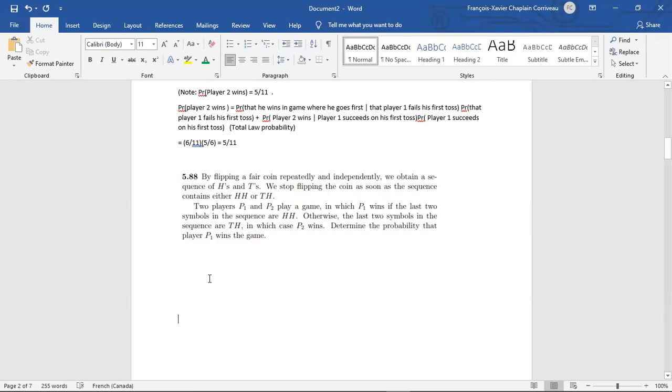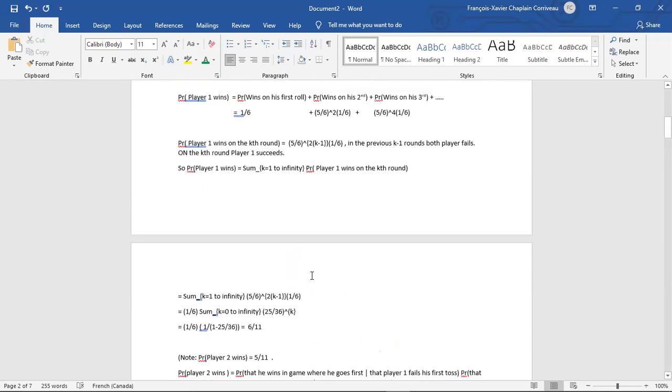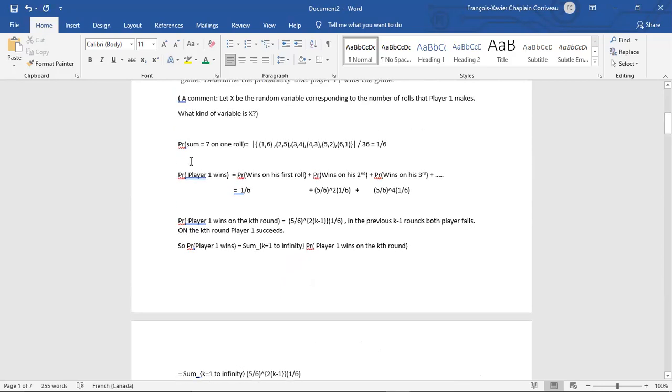All right, so I'll give you guys 1 minute to think about how we would tackle the problem. The idea is exactly the same. So the probability of player 1 winning is he wins on the first round, second round, and so on.